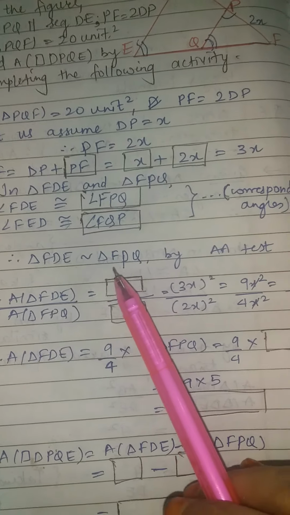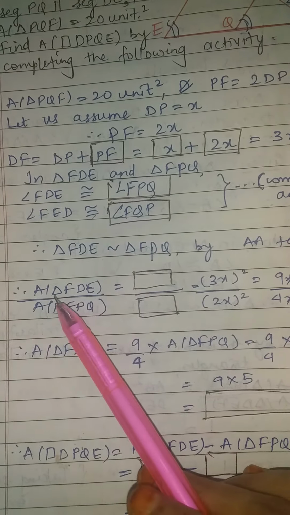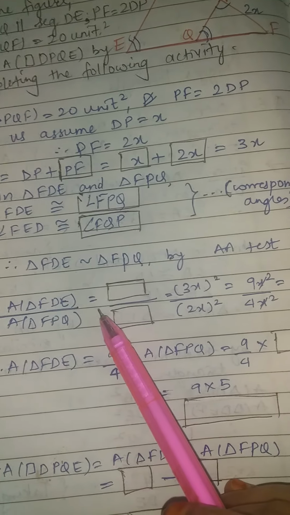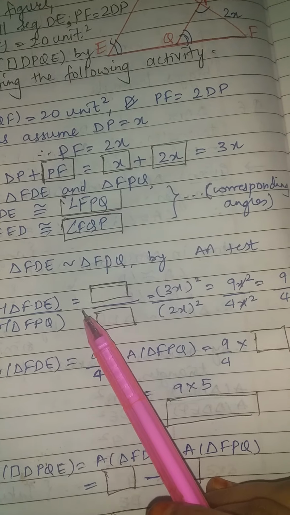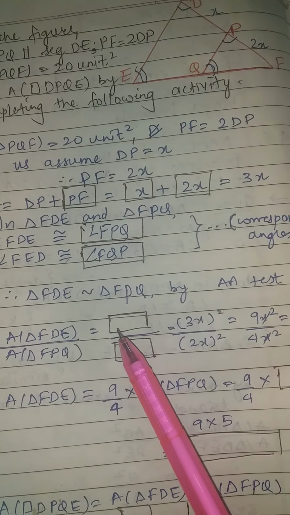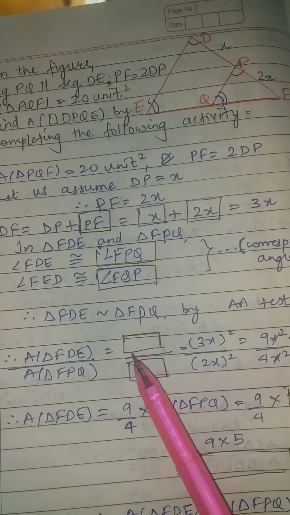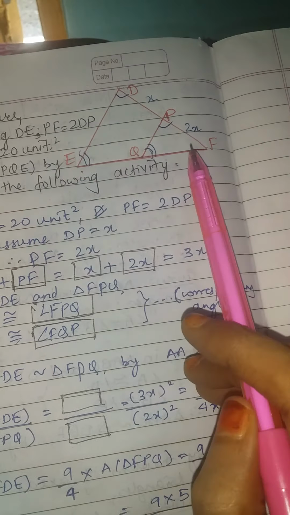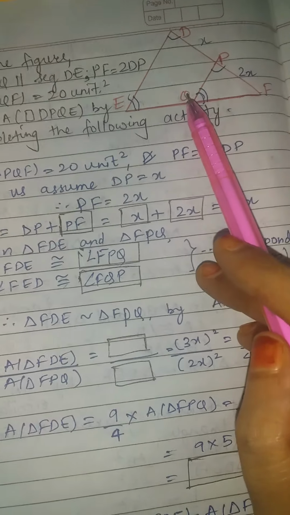Immediately, we can apply the theorem of areas of similar triangles. Area of triangle FDE upon area of triangle FPQ will be equal to some box upon box. So let us see which sides we are going to write here. FDE, the bigger triangle, FPQ, the smaller triangle.